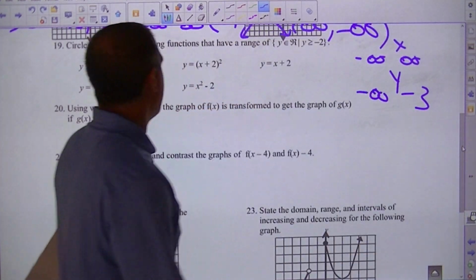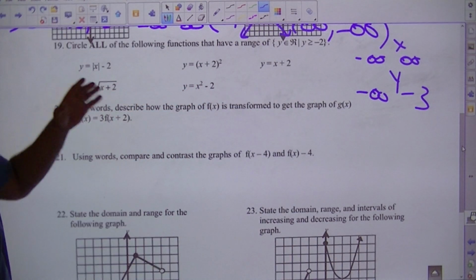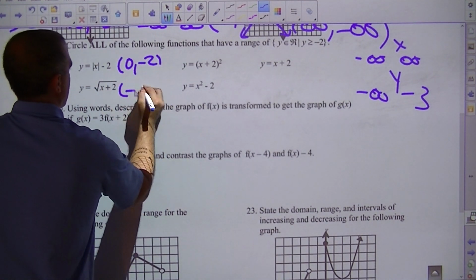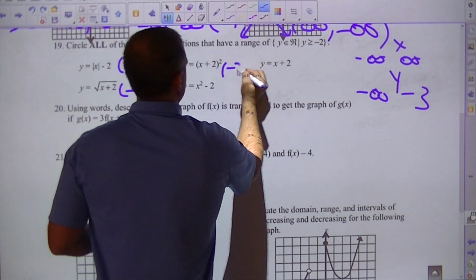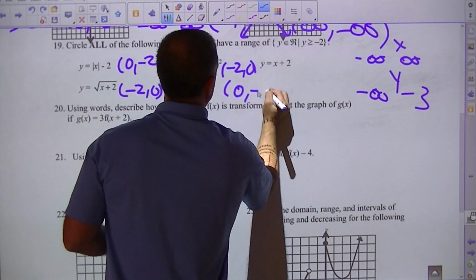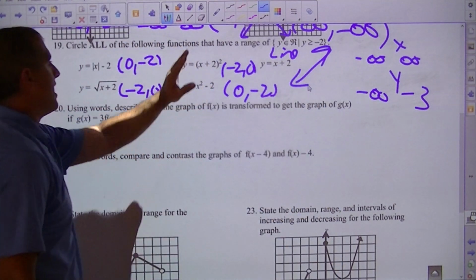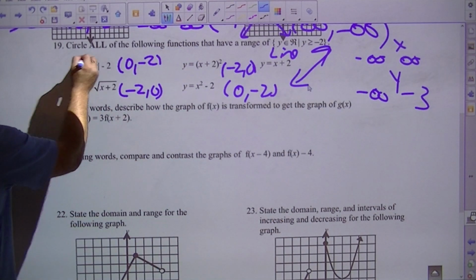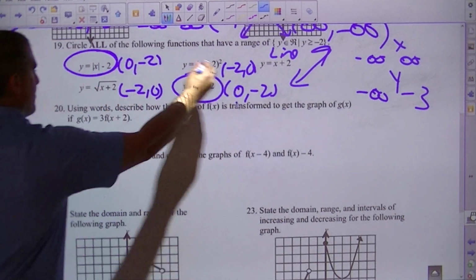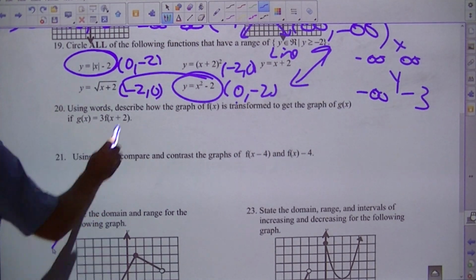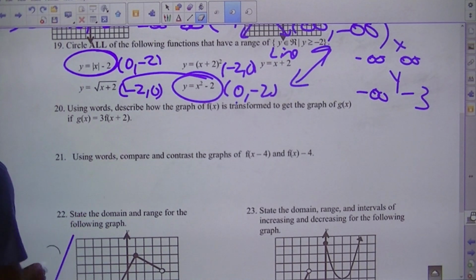Circle all the following that have a range of greater than or equal to negative 2. What you're looking for are anchor points. That's a line. And lines are going to be all real numbers for that, so that's out. The only two possibilities are here and here based on the anchor point. This says describe in words. What would happen with this?